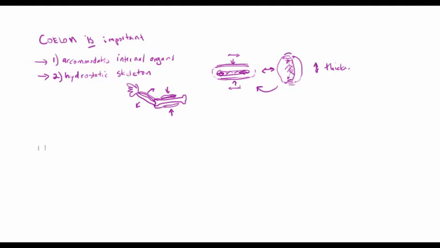Now, what the coelom is not terribly important for is that it's not a very good key for understanding the phylogeny of animals. Okay, we used to think that it was. So back in the day, there was this old school idea that the earliest animals had to be the simplest ones, and the latest animals had to be the most complex.